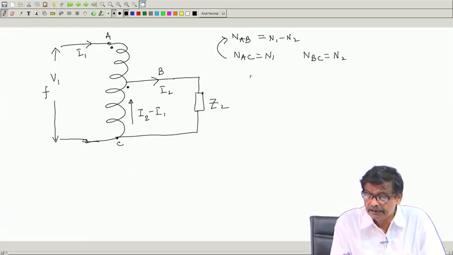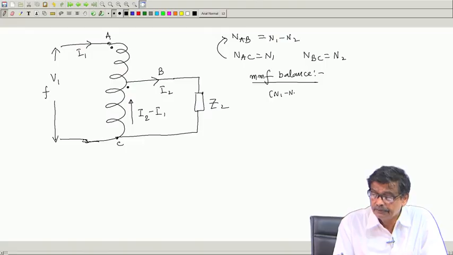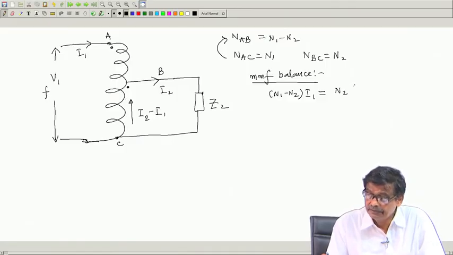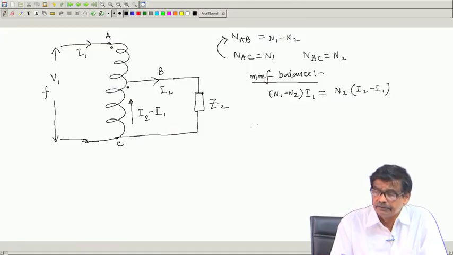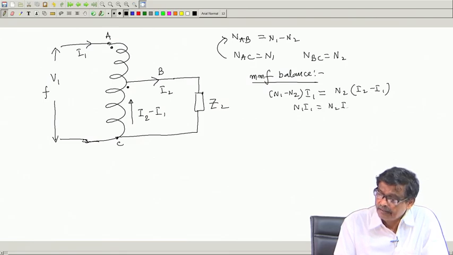So, MMF balance, this is what we did last time. MMF balance gives me N 1 minus N 2 into I 1 is equal to, here the number of turns is N 2, into I 2 minus I 1. These are all phasors, you know. So, N 1 I 1 is equal to N 2 I 2.